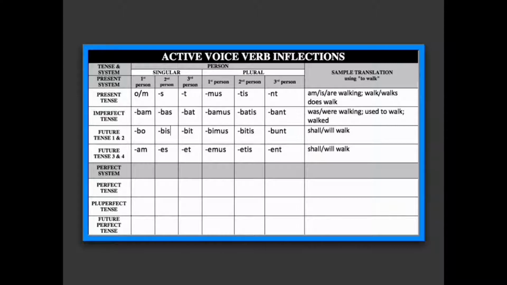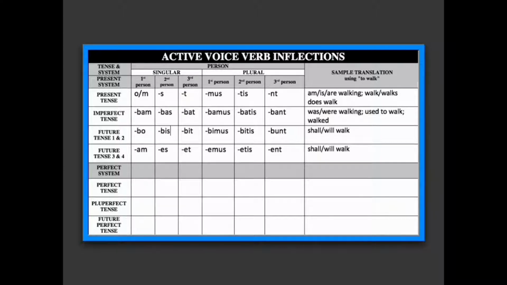Of course, we know that the present tense is to communicate actions that are taking place now. That's why we are able to translate them with the verb using am, is, or are as the helping verb, or does, or just in the simple present tense with something like walk or walks. The imperfect tense is a type of past tense used for telling stories.